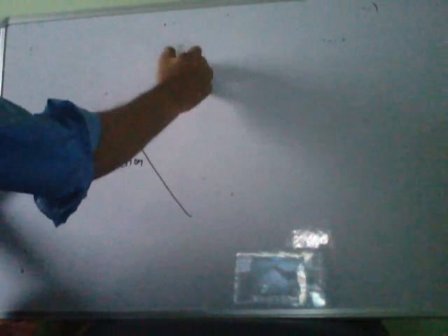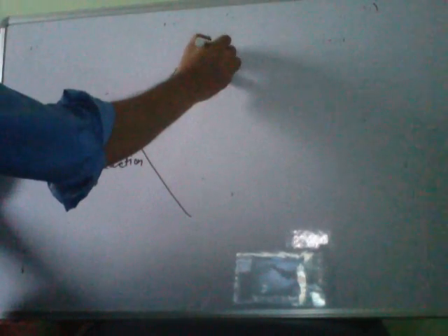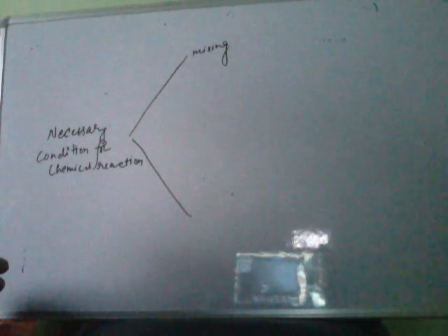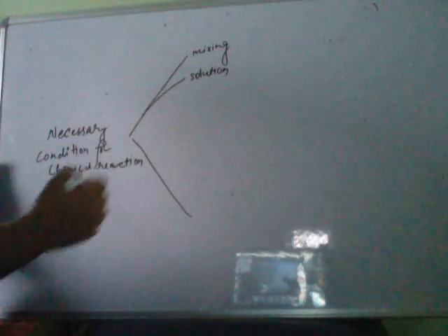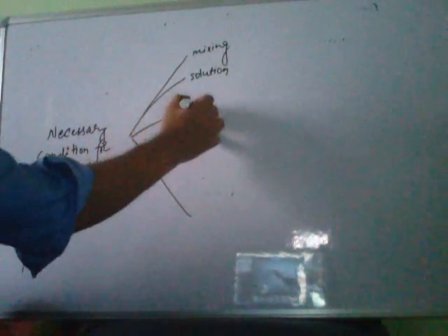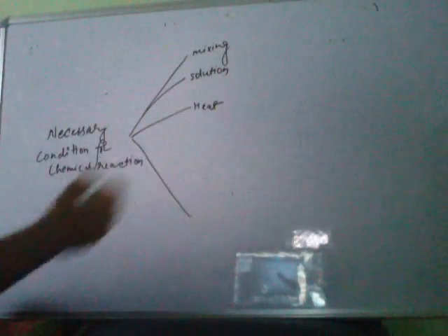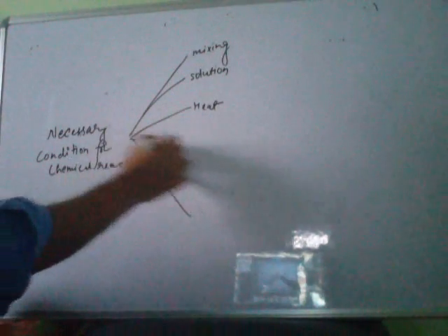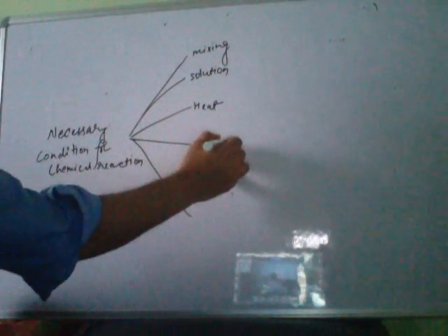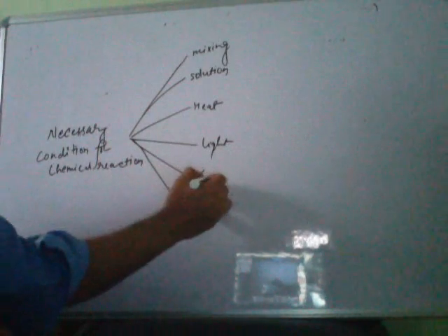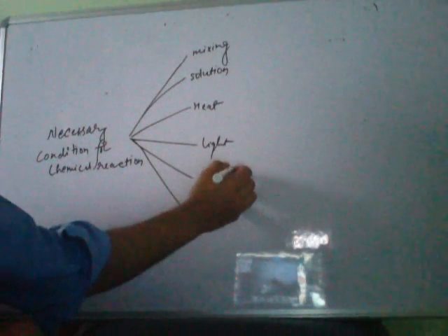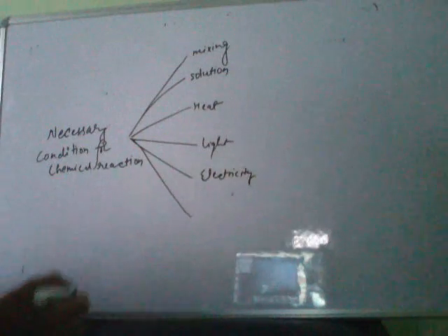So the first condition is mixing. The second condition is solution. The third condition is heat. The fourth condition is light. The fifth condition is electricity. The next condition is pressure.